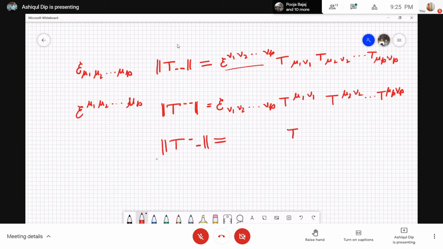Let's write this part first. It's probably going to be like this: mu1 t mu2. This e sums over the second index, so we want to write it like this.